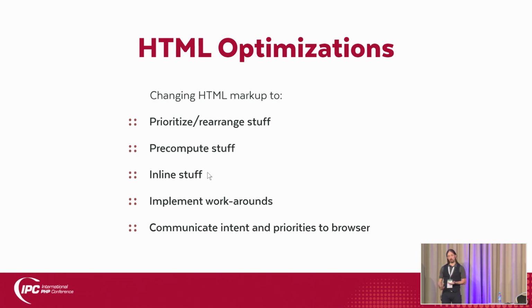You can implement workarounds. There's a few things that happen automatically in browsers that are actually not very useful for you if you want to have the fastest possible reaction for the user. A famous example is if you configure your viewport with the default settings that are usually told as being best practices.